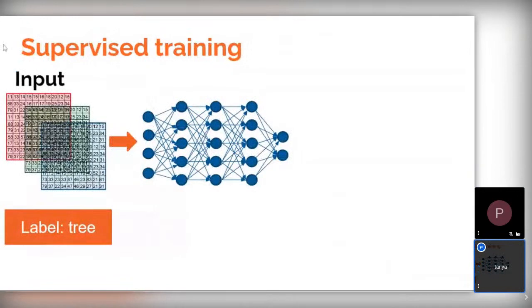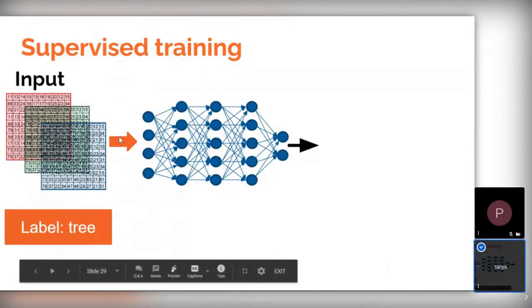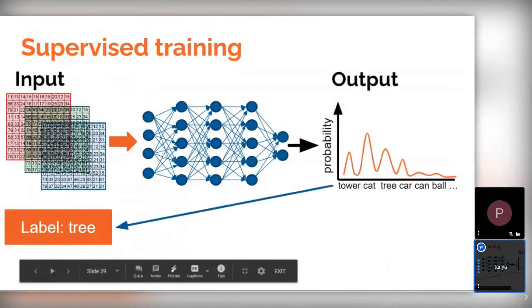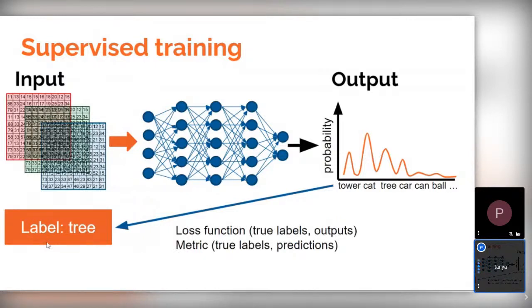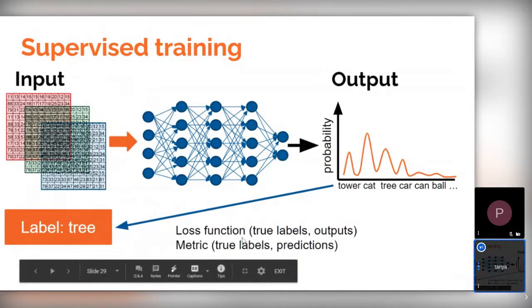So how does the supervised training happen? We send our image to a neural network, and it propagates through the nodes and gives you an output. Then we compare this output with the true label. To compare that output with the true label, we introduce a loss function.